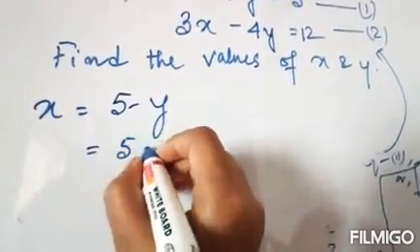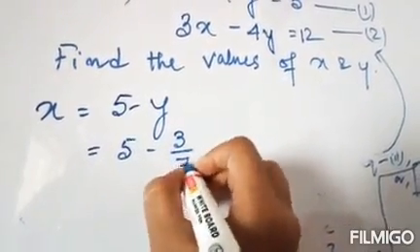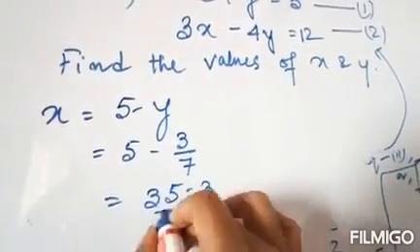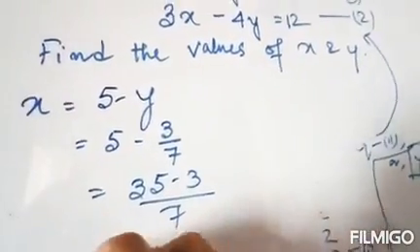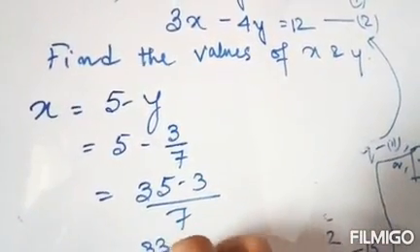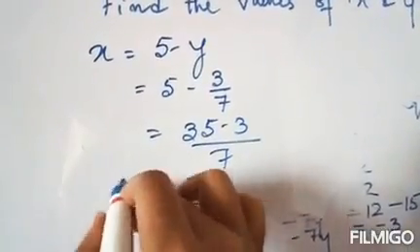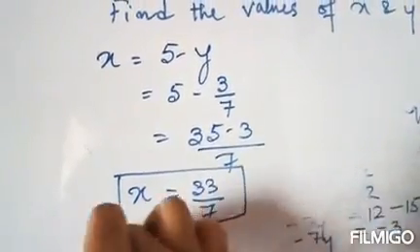So 5 minus 3 by 7, which means 35 minus 3 by 7, which is 32 by 7. So here I have got the value of x also.